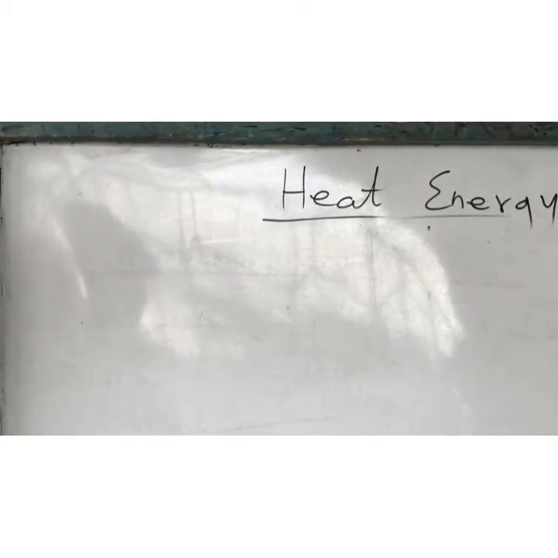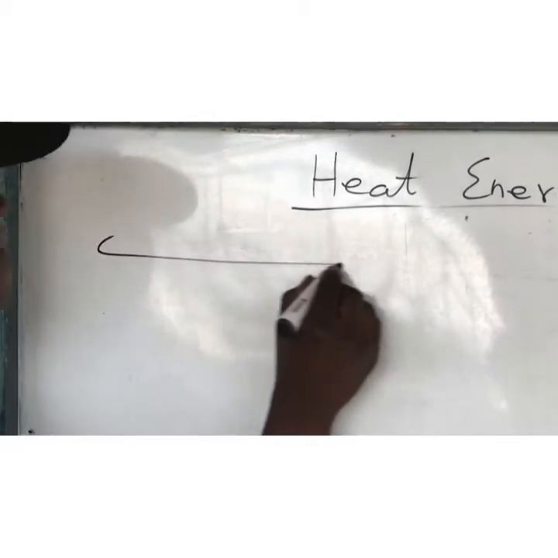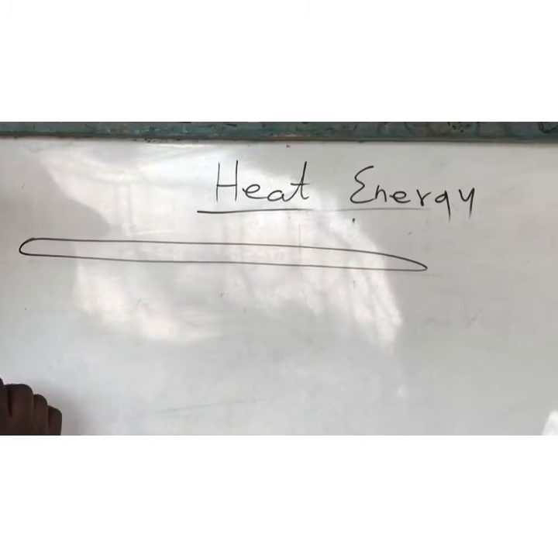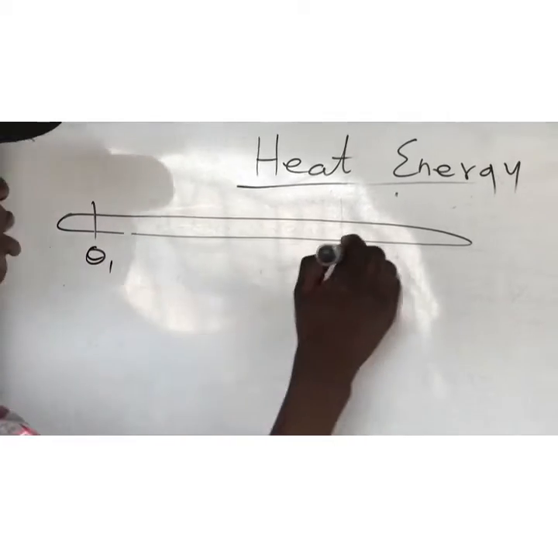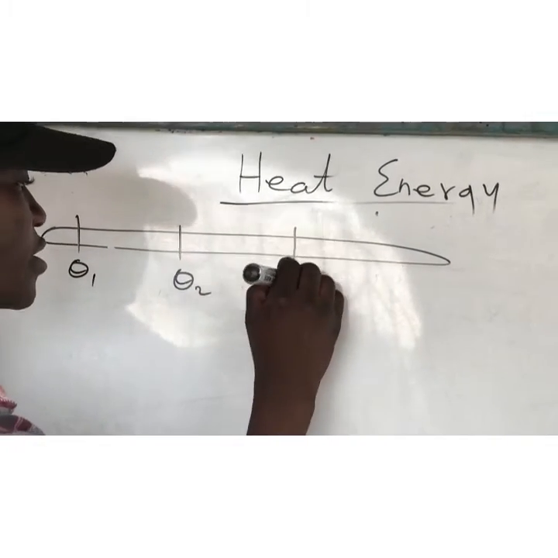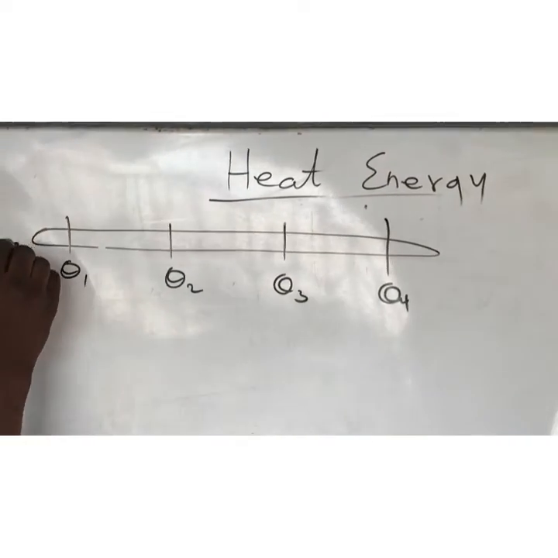So let's look at an illustration. Let's say I'm having a thermometer here with a uniform scale. Let's say here is theta 1, here is theta 2, here is theta 3, then here will be theta 4. Let's say here is my bulb.